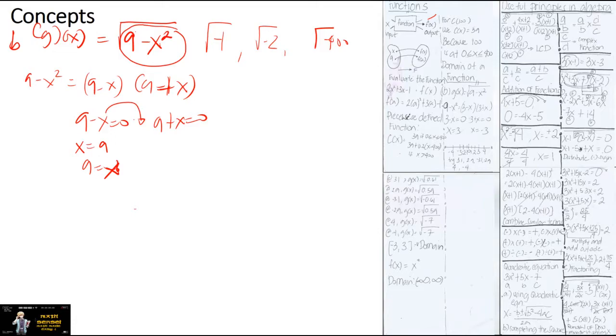Ito, transpose sa kabila, magiging negative. X is equals to negative 9. Sorry, rather 3. X is equals to 3 para malinaw. X is equals to negative 3. Nagkamali tuloy.